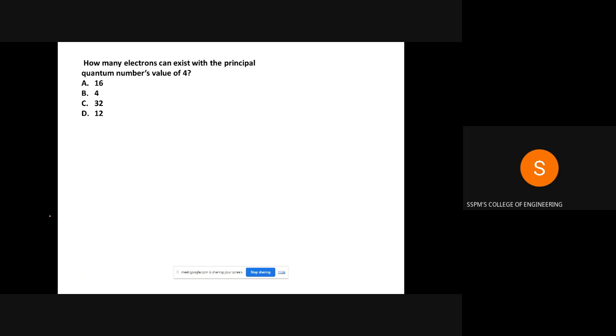So the principal quantum number, that is n, is given: n is equal to 4. Only this principal quantum number is given.